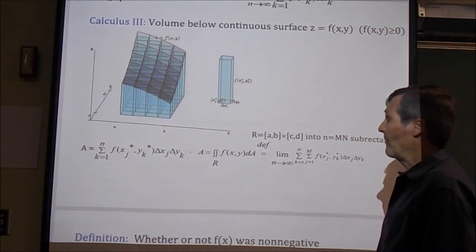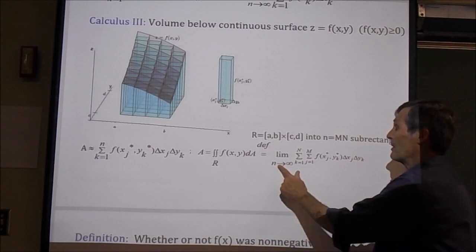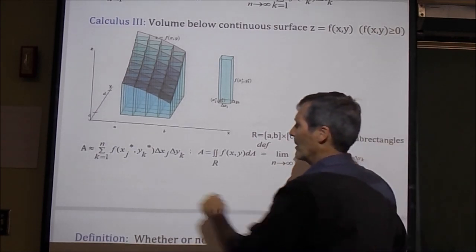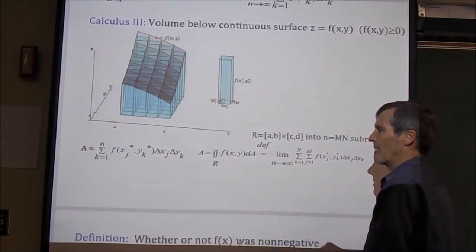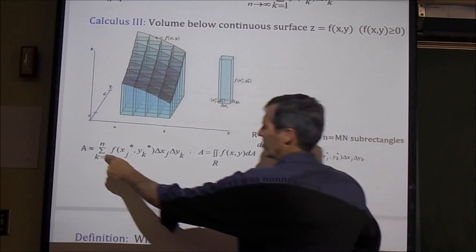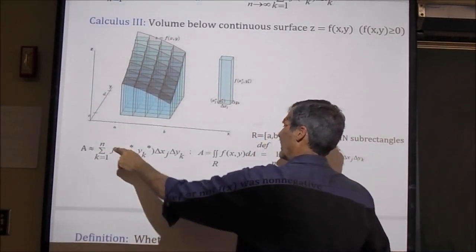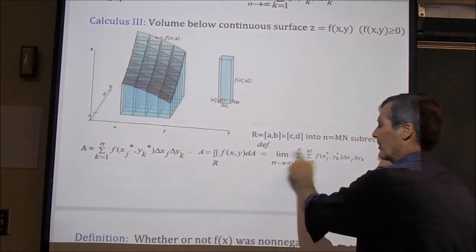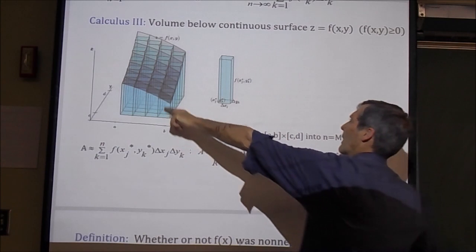Now what happens if f is continuous, or some other nice cases, the limit of this estimating sum, I put k equals 1 to n here, we can also sum over both indices, it's the same thing. I should have put j equals 1 to m and k equals 1 to capital N here. Call this one the estimated volume.